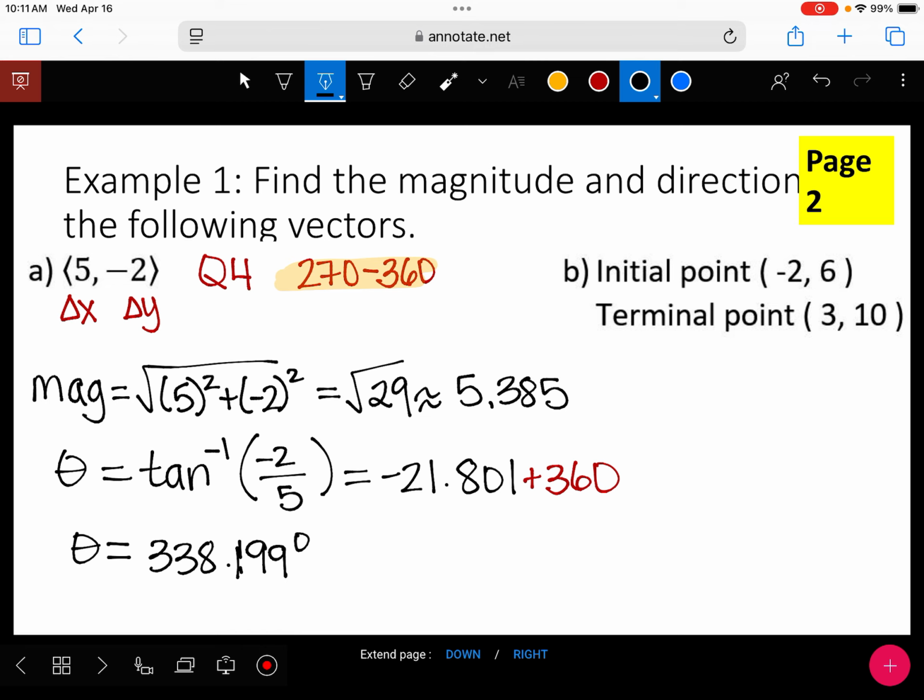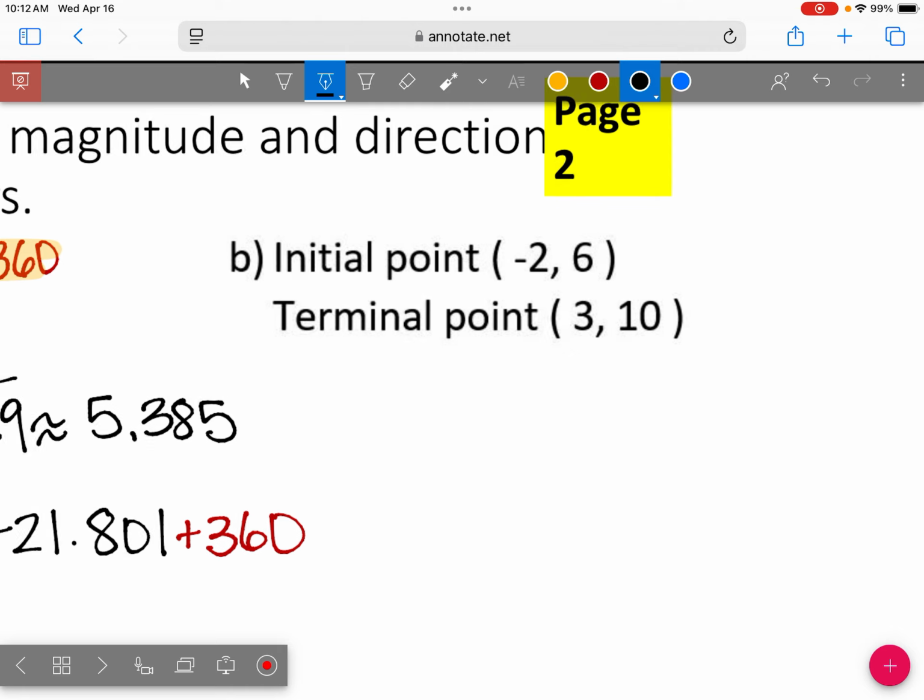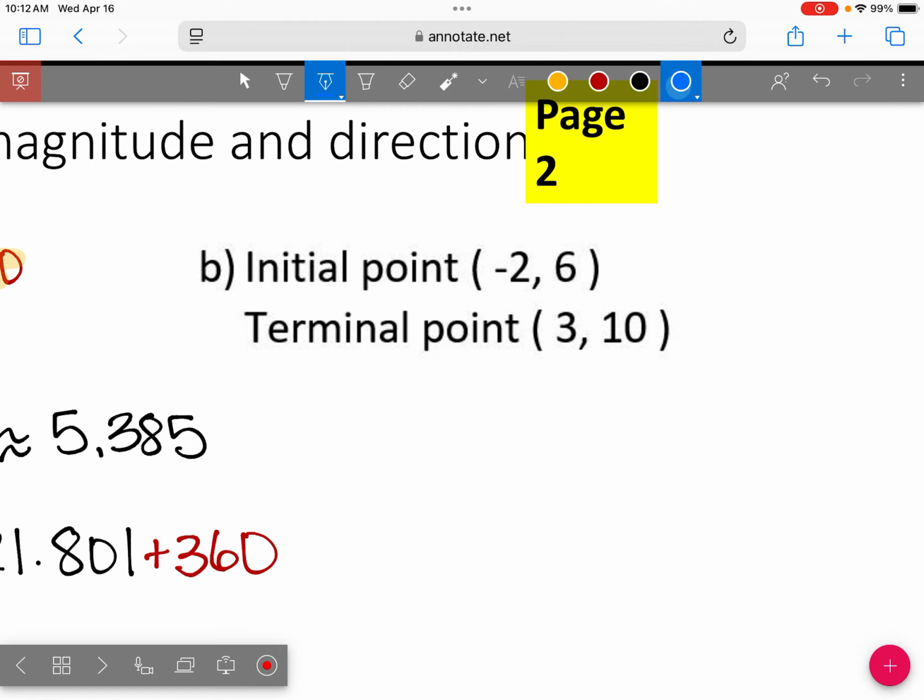All right, let's look at example B. So example B, they did not give us the component form. So we have to figure out what is our change in x and our change in y. So my initial is always x1 and y1. Terminal means where I end or what direction I'm going. It doesn't end, it just goes in that direction. That would be my x2 and y2. So let me start off by finding delta x.